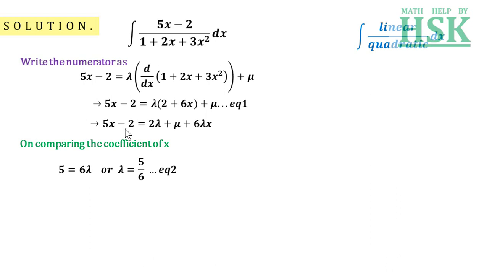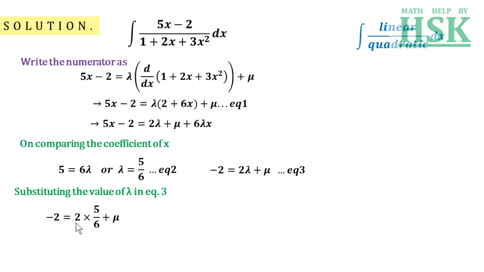Similarly, the constant term on the left hand side is minus 2, and on the right hand side the constant term is equal to 2 lambda plus mu. So we get minus 2 is equal to 2 lambda plus mu, which is our equation 3. Now we are going to substitute the value of lambda in equation 3 to get minus 2 is equal to 2 into 5 upon 6 plus mu.